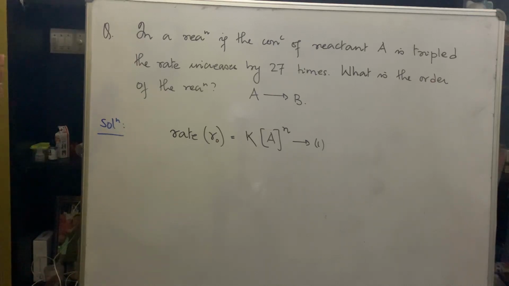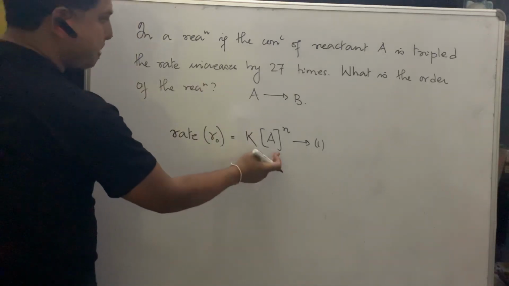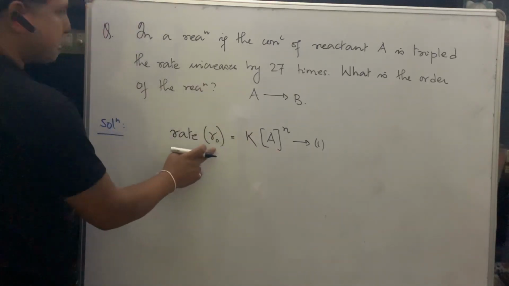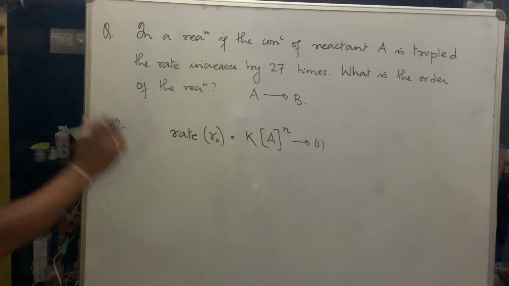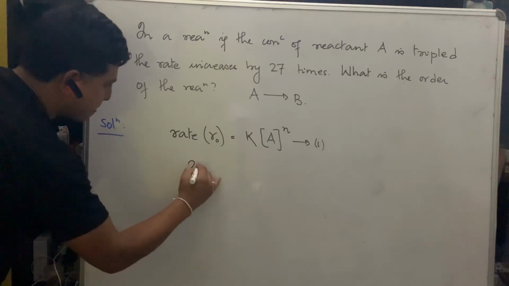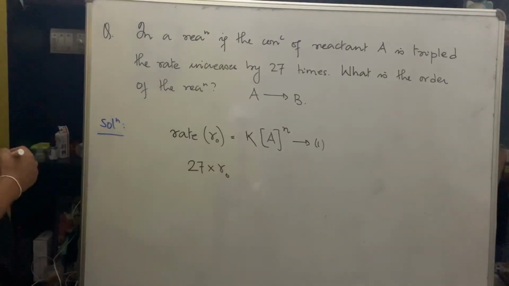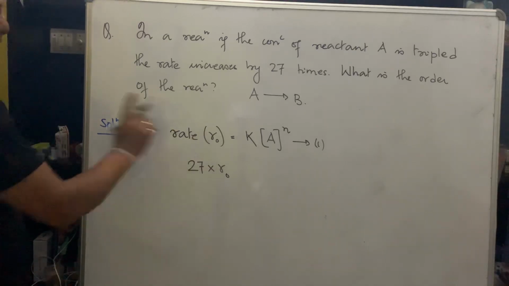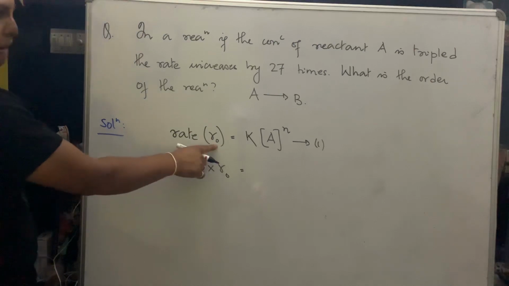Fine. So according to the question, if I triple the concentration of A, the rate of the reaction increases by 27 times. It becomes 27 times the initial rate, where R naught denotes the initial rate.